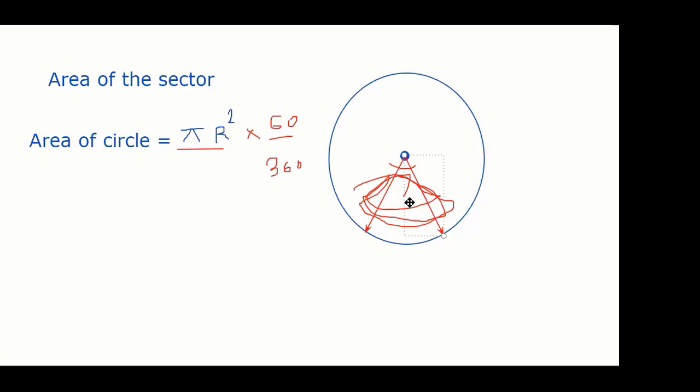Even if we don't say sector, remember in our childhood what we used to do? It is the same thing. If I divide the circle into 4 parts, in your childhood you used to do that, right?